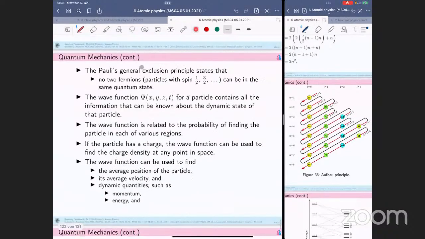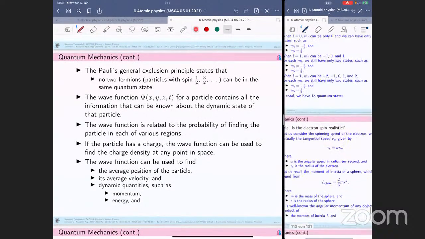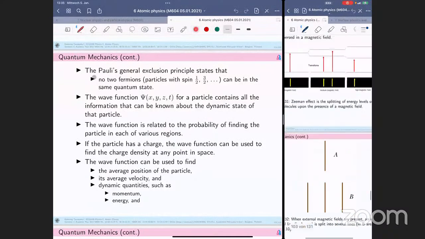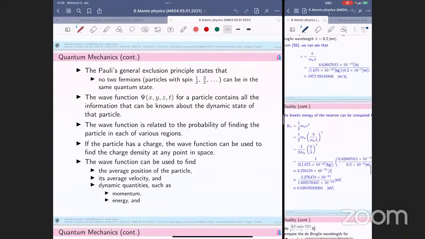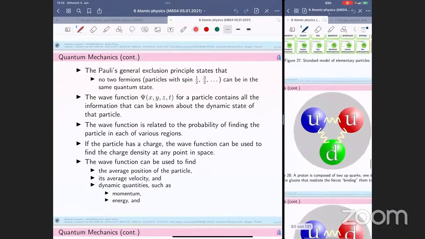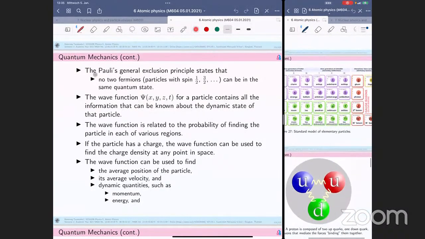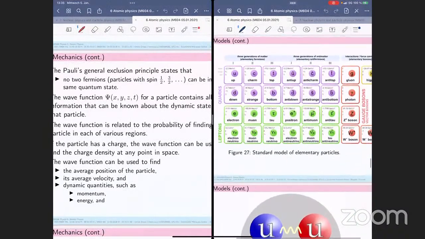Now the Pauli exclusion principle. Let's get back to the standard elementary particle table. Here you have the standard table.